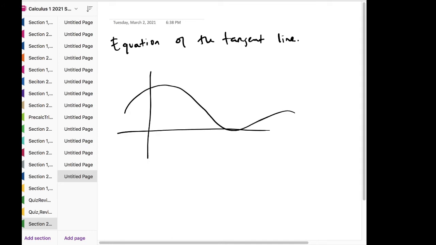The derivative was found by taking secant lines and then bringing the secant lines closer and closer to a point at which we get a tangent line. So one question we might want to ask is, what is the equation of the tangent line? How could you draw the tangent line?